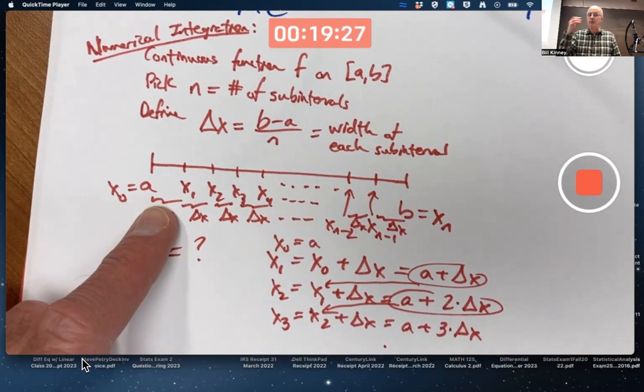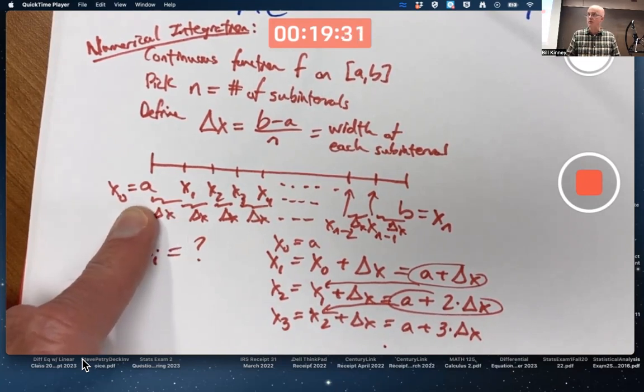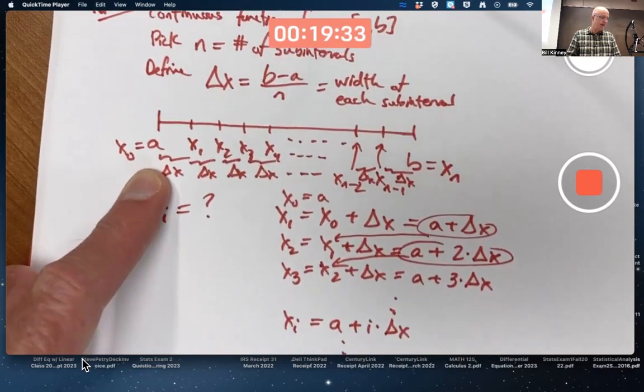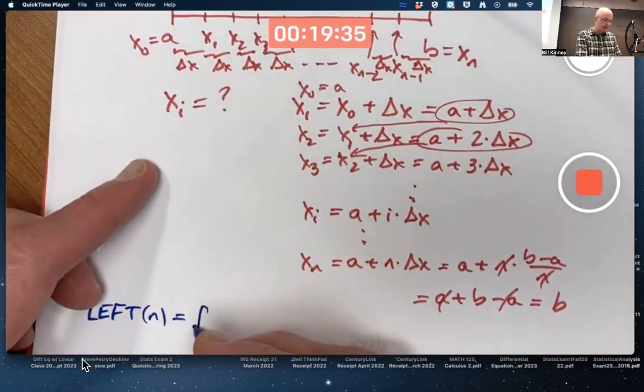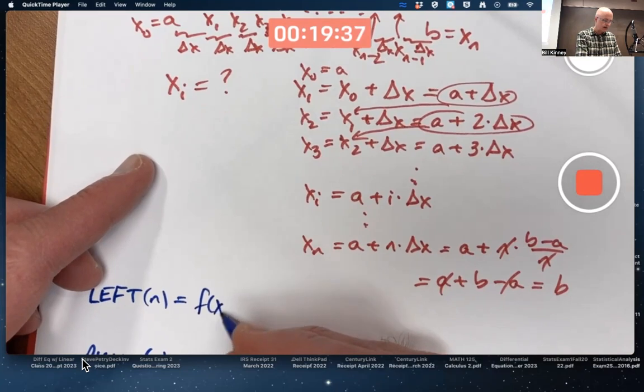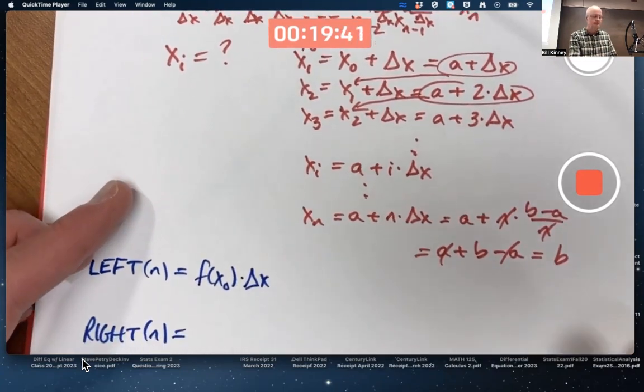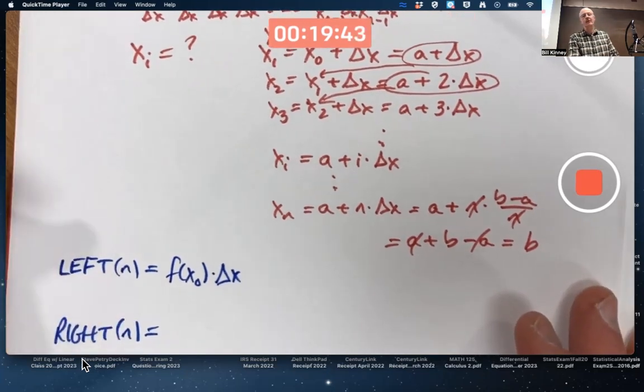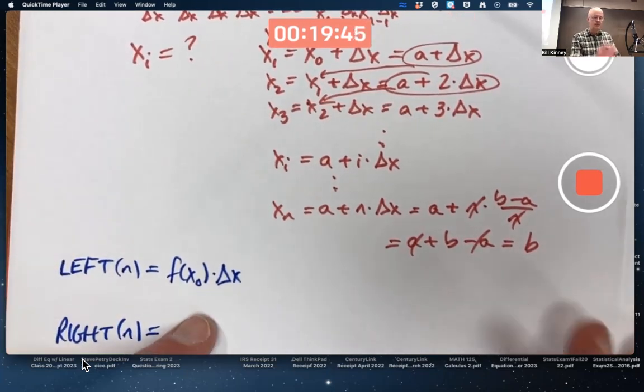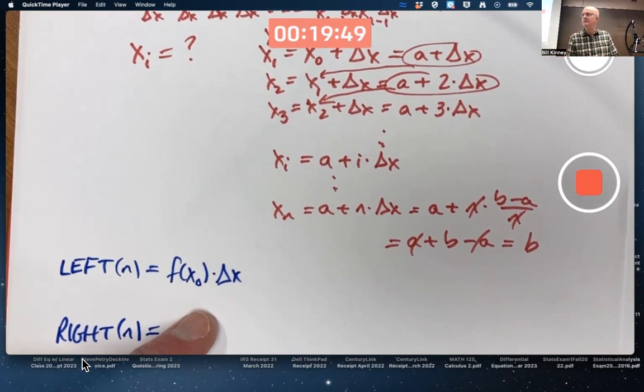For the very first subinterval, the left endpoint is x sub 0. That'll be f of x sub 0, the height of the approximating rectangle, and its base or width will be delta x. So that's the first term in the sum. It's the area of the first rectangle.